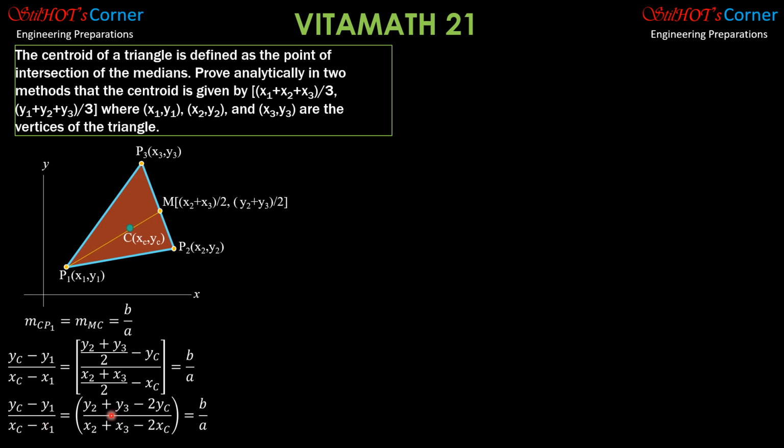So interchanging position, (yc - y1)/(y2 + y3 - 2yc) equals B over B, which is equal to 1.